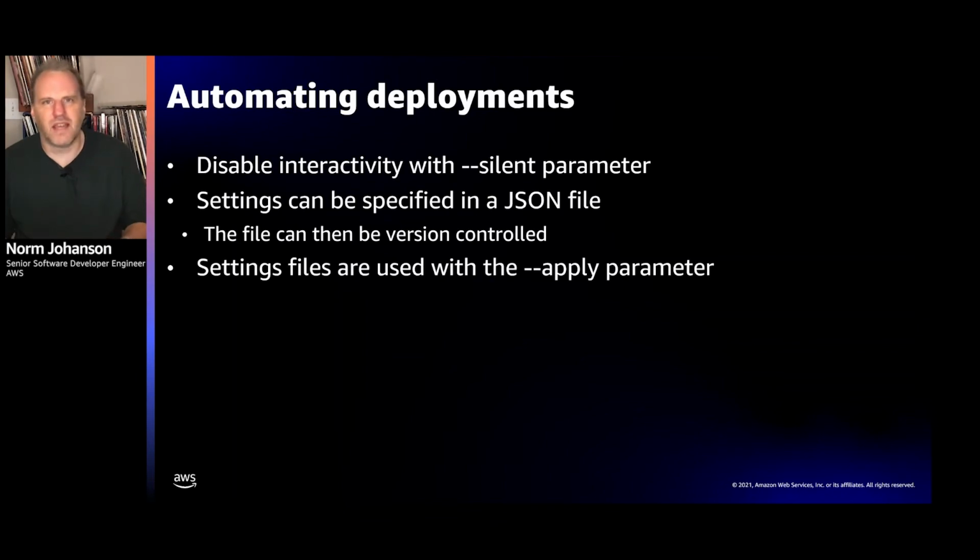And all of the settings that we make inside the front ends can also be specified in a JSON file, which is something you could use as part of your source control and see the changes you've made over time. You use the apply parameter to tell it to use that JSON file for all of the settings you want to use for deployment.